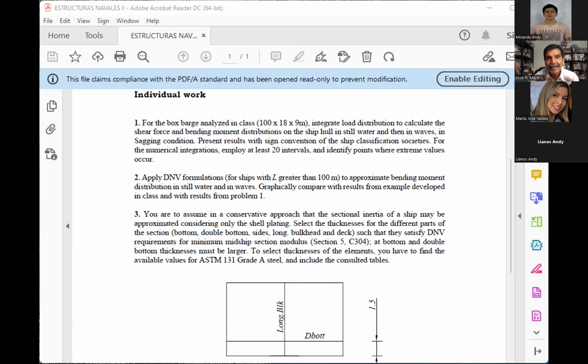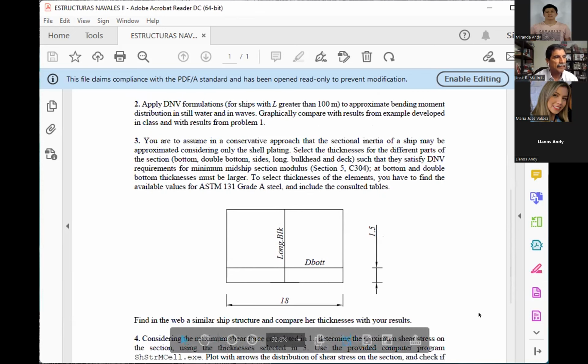So we should expect differences, okay? Because we're applying the rules as if it were a real ship, and it's not. So be flexible in your mind, okay? So two problems should be done over the weekend if you have some time.